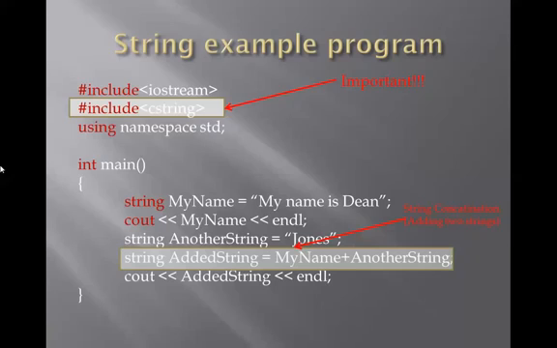We included cstring here. That's important, otherwise this declaration is going to give you a compilation error. And we declared another string. We added that other string to the first string. It's going to be Dean Jones. I should have put a space here, that would have been better. So if you see the output, it's going to say my name is Dean Jones. There is not going to be any space in between.